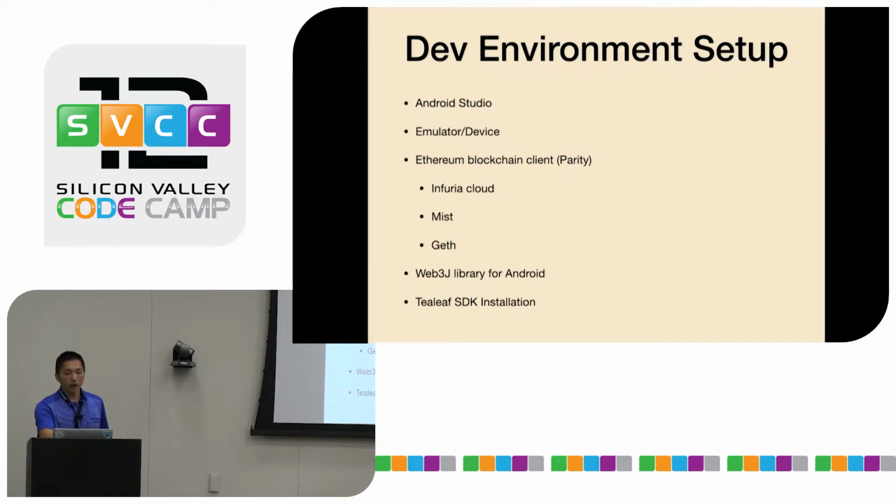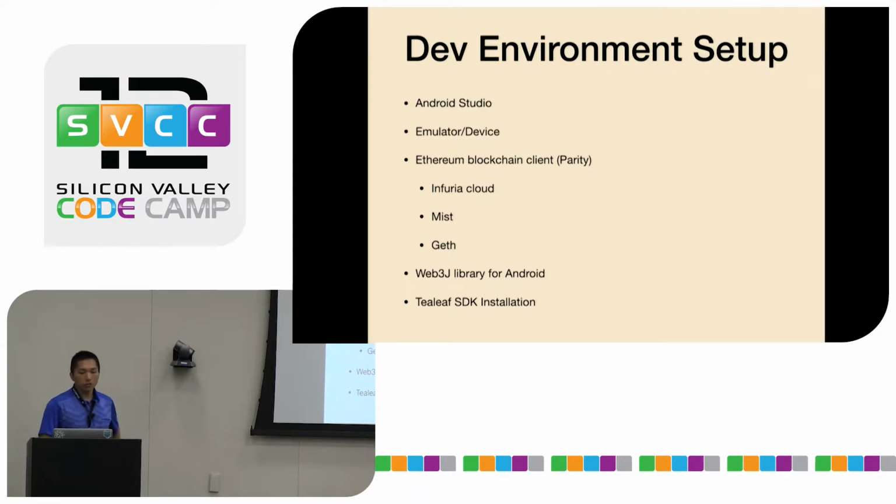And in this case, we have an Ethereum blockchain client. I happen to like Parity. It's one of the popular clients because it provides a very cool interface, allowing you to interact with the account and other functions. So it basically acts like a gateway to blockchain applications.